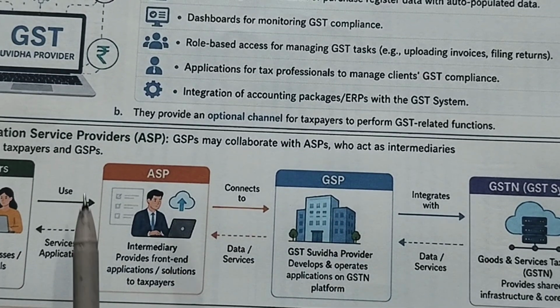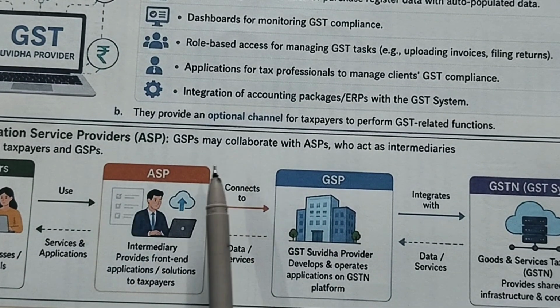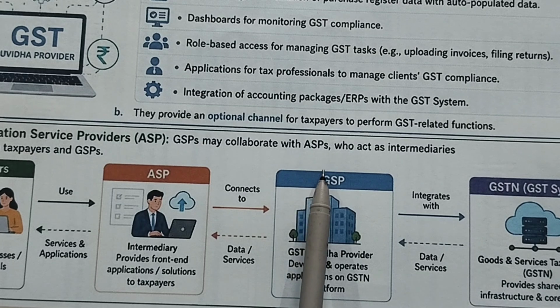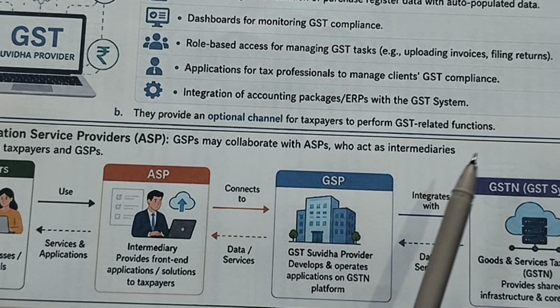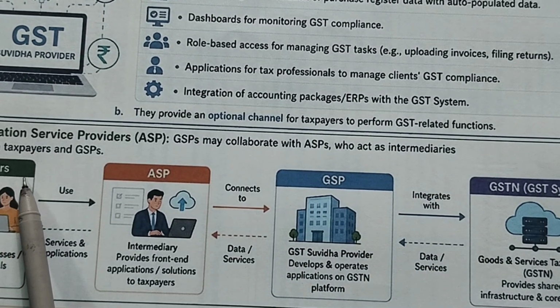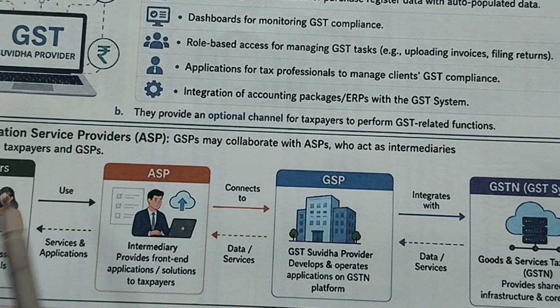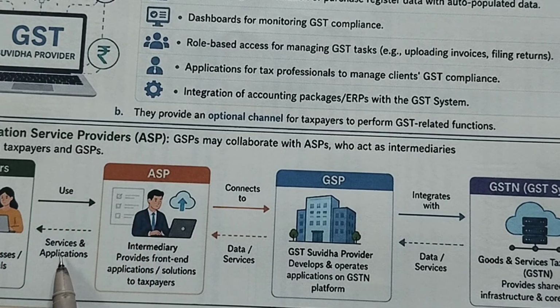See, the application service provider. GSP collaborates with the ASP, who acts as an intermediary between the taxpayer and the GSP. Now the taxpayer uses the ASP.